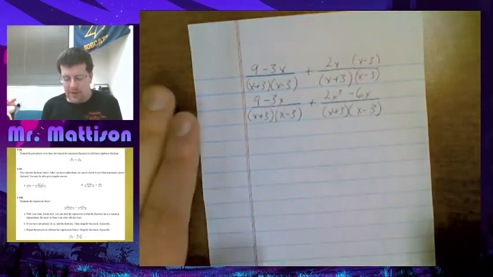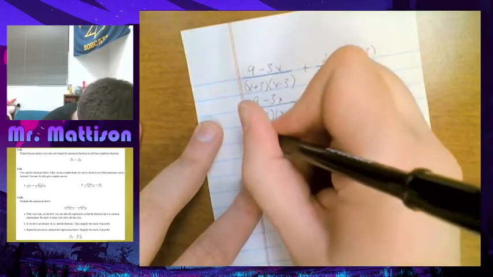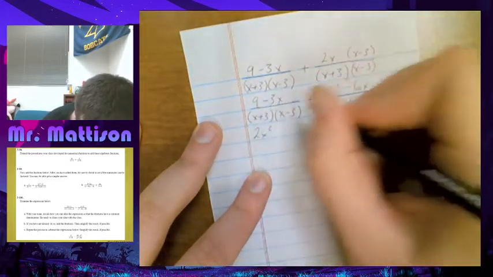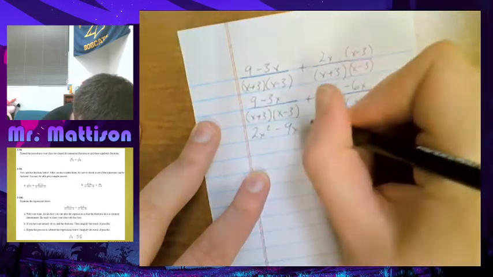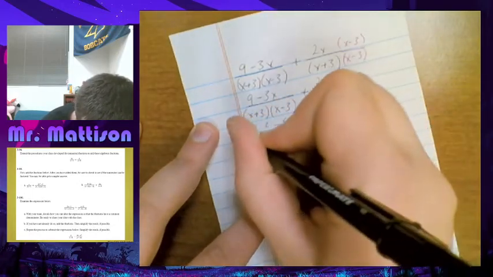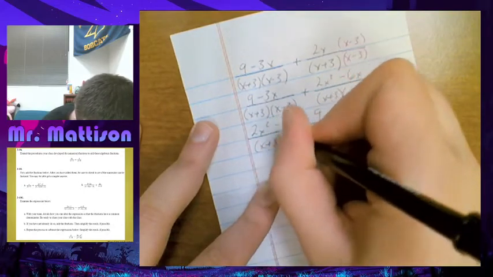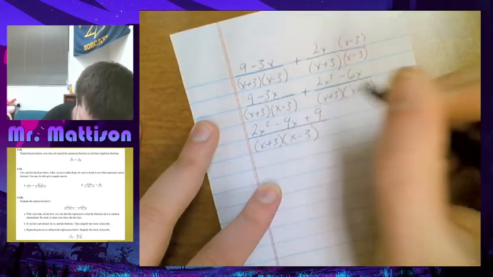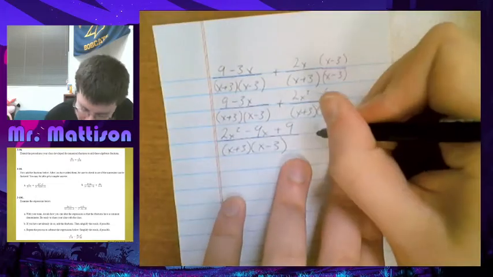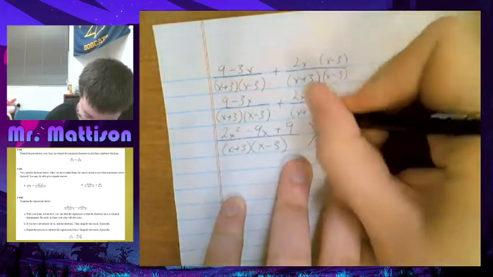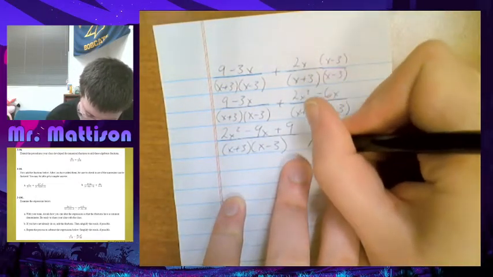So then if I combine all my like terms, I end up getting 2x squared minus 9x plus 9 over x plus 3, x minus 3. So can I factor the top? Let's try it out. 2 times 9 is going to be 18. Bottom is going to be negative 9.